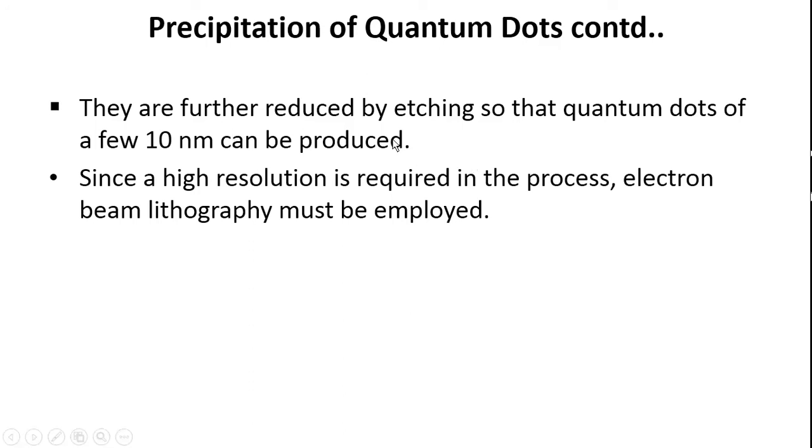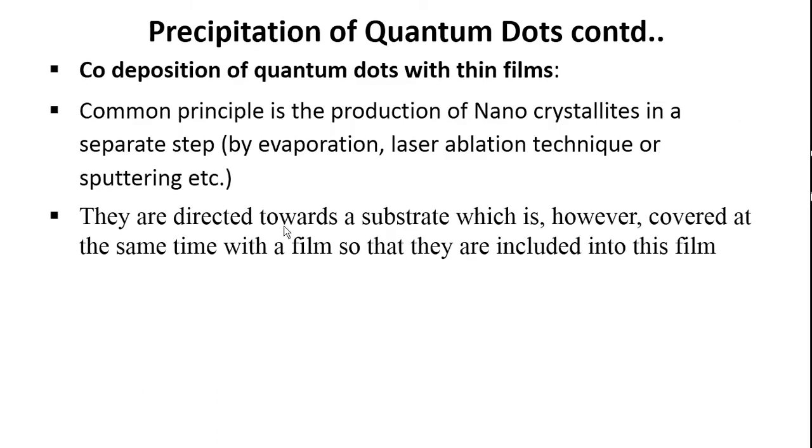And they are further reduced by an etching process, so that quantum dots of some 10 nanometers, sometimes a few nanometers, can be produced. Since we want a very high resolution for this process, electron beam lithography must be employed for producing quantum dots.